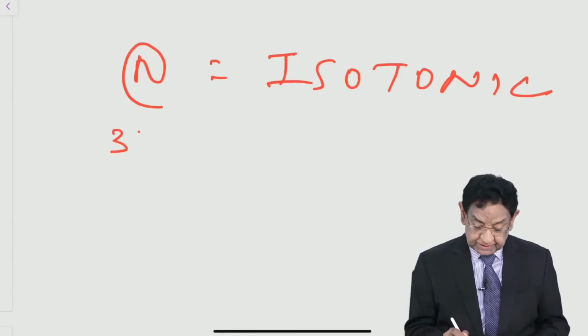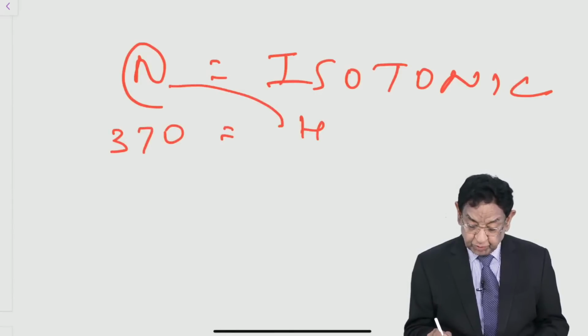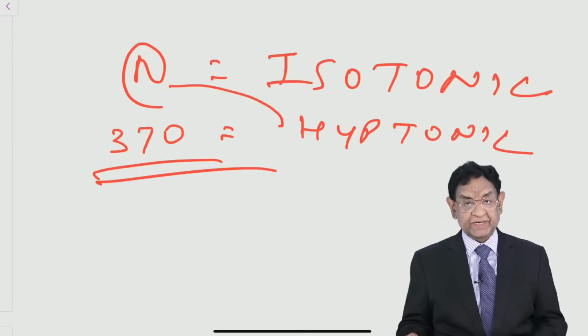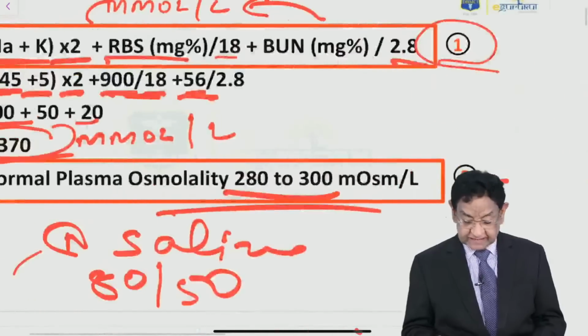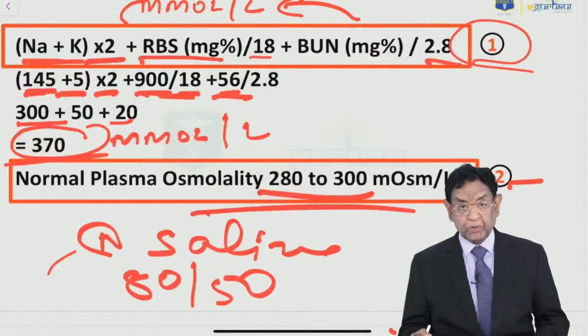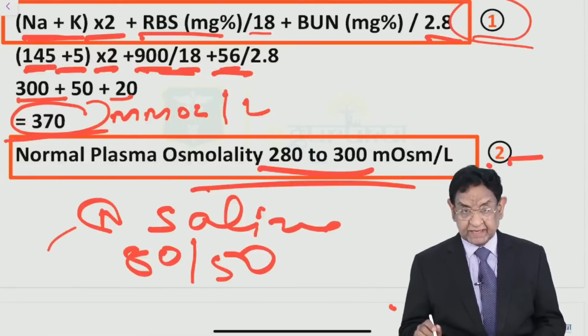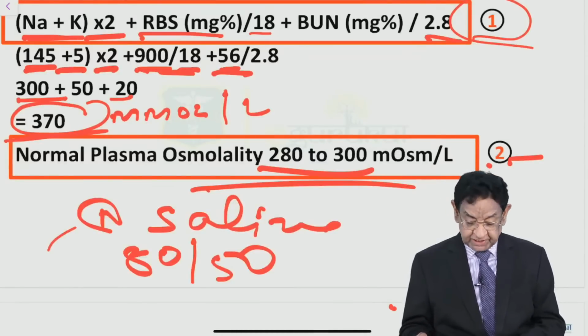But when the osmolality is 370, this normal saline becomes hypotonic when we are dealing with plasma osmolality of 370. So the right and the best answer is normal saline. And you got 2 boxes. I hope you have made these boxes and done the numbering also. Well, I hope the answer is clear to all of you.